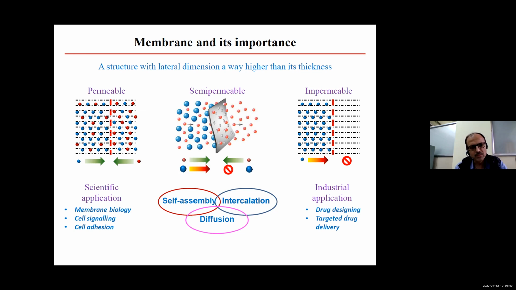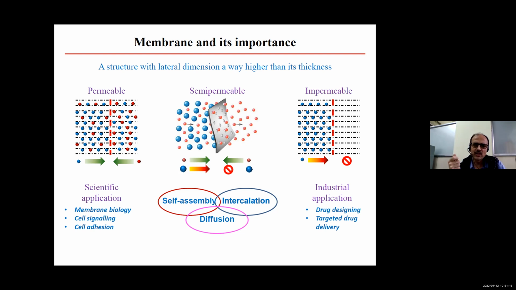So in the cell membrane, the self-reorganization or self-assembly of the molecules, and then the reorganization of those molecules within the membrane, is very important to have this kind of permeability specification and selectivity of the molecules.